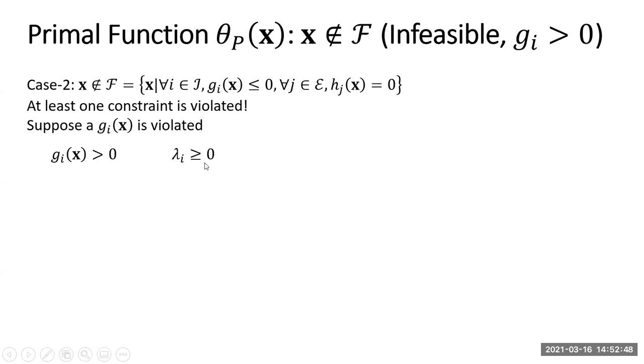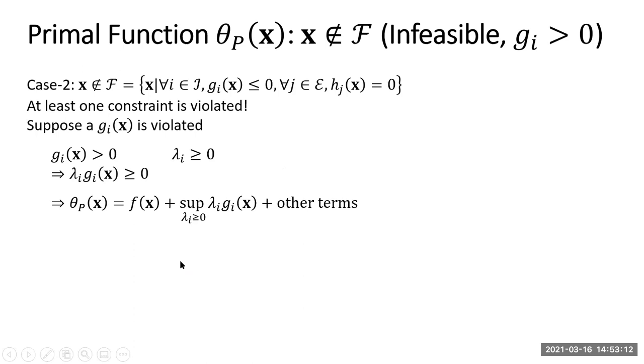Lambda_i is greater than or equal to 0, and g_i(x) is greater than 0, correct? What happens to the product lambda_i g_i(x)? It's always non-negative, positive or 0. So lambda_i g_i(x) is greater than or equal to 0. In which case, what happens?